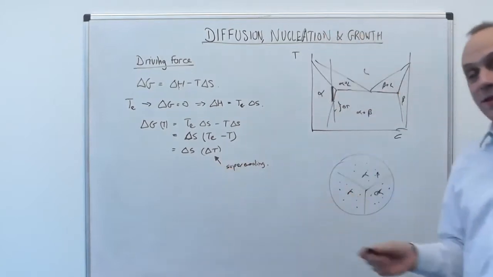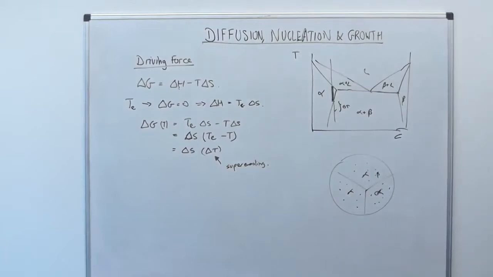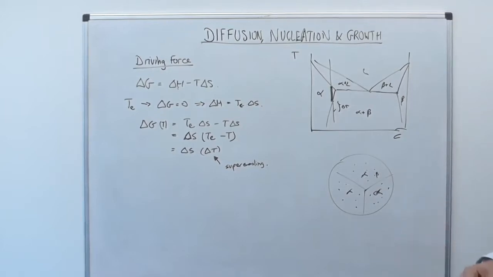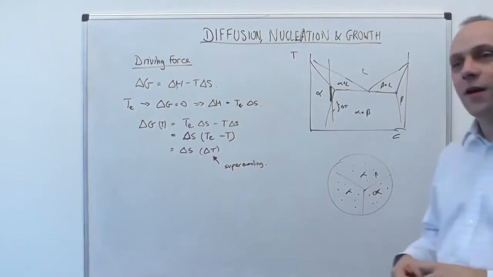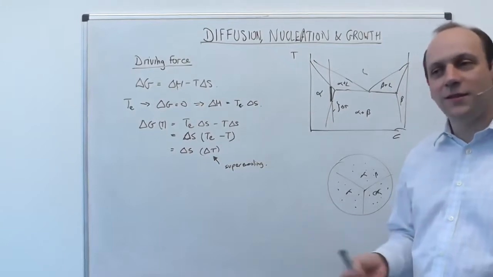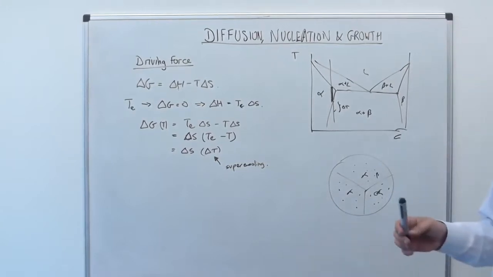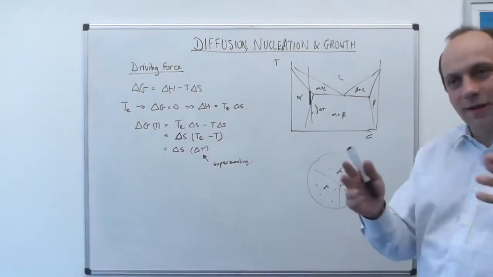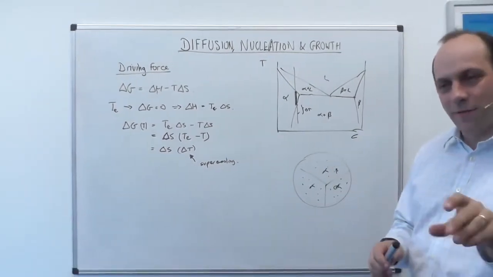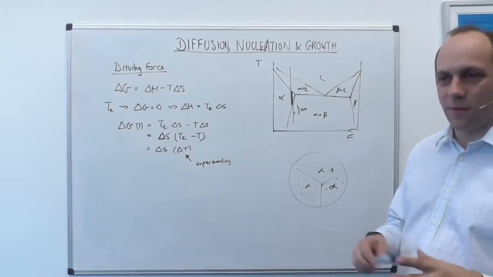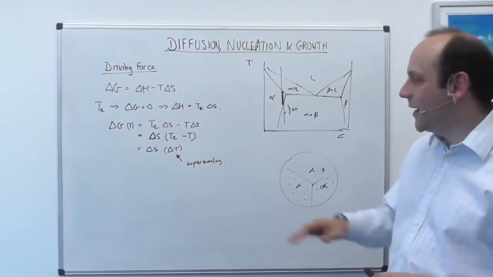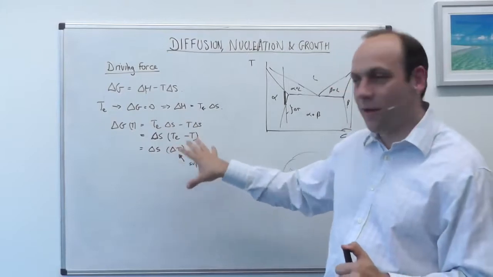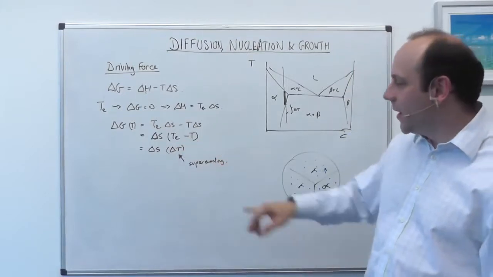So, for instance, if you take very, very pure water that you filtered very nicely so that it doesn't have any bits of dust in it, and you put it in your freezer, you'll find that quite often it won't freeze until you go to very high supercoolings, because it doesn't have any nucleation sites. You need the little bits of specks of fluff or dust or particulate in there in order to give it some sites to nucleate from.